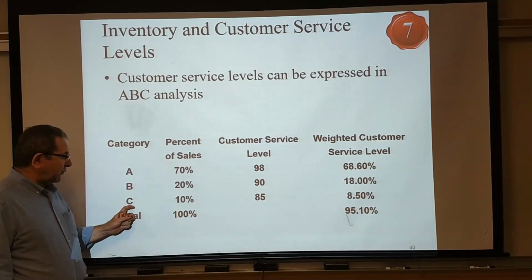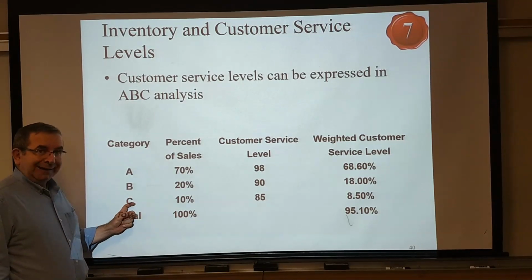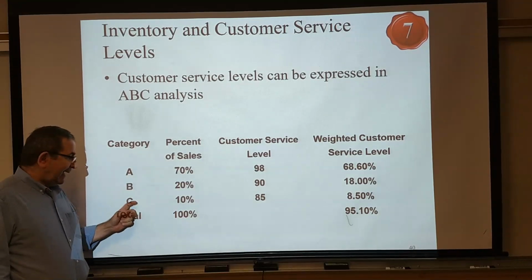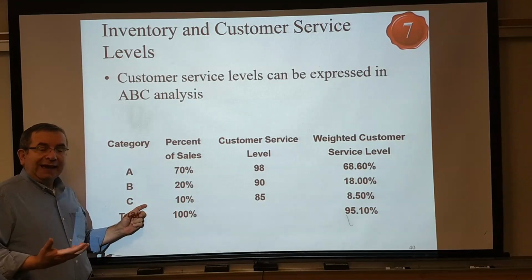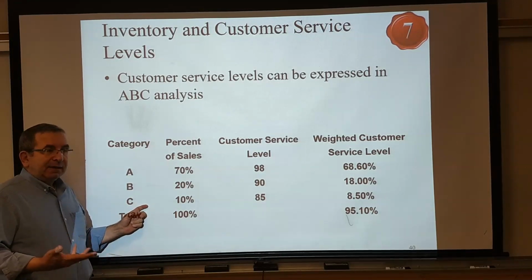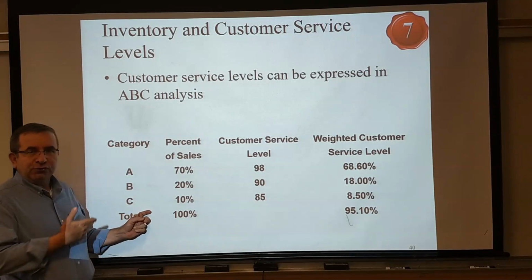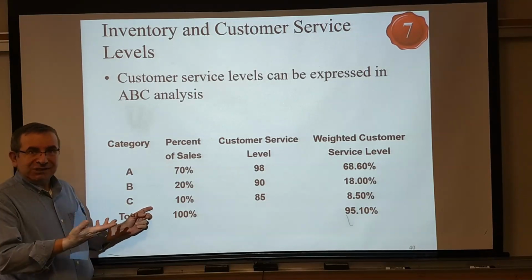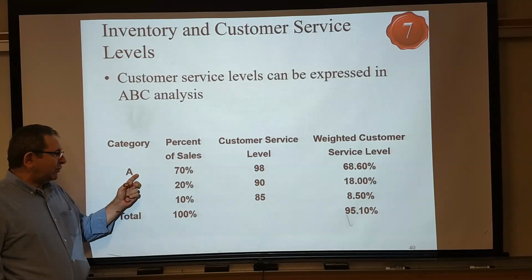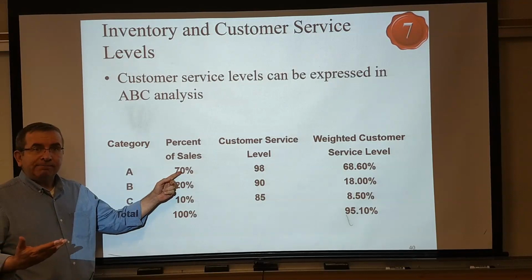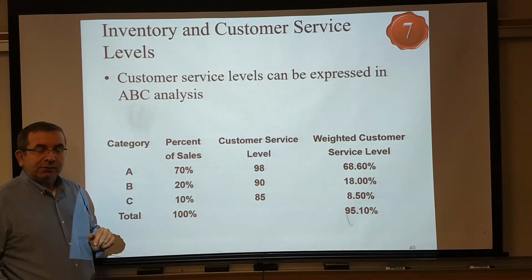Because if you run out of stock on a C item versus an A item, a C item will have much weaker consequences. It's not that important if you run out of a C item, but if you run out of an A item, your revenues will suffer a huge hit, okay?